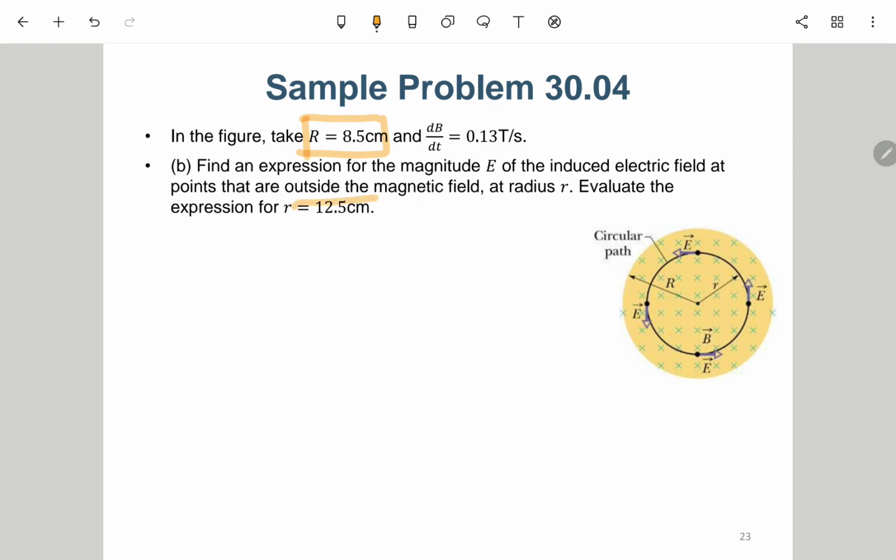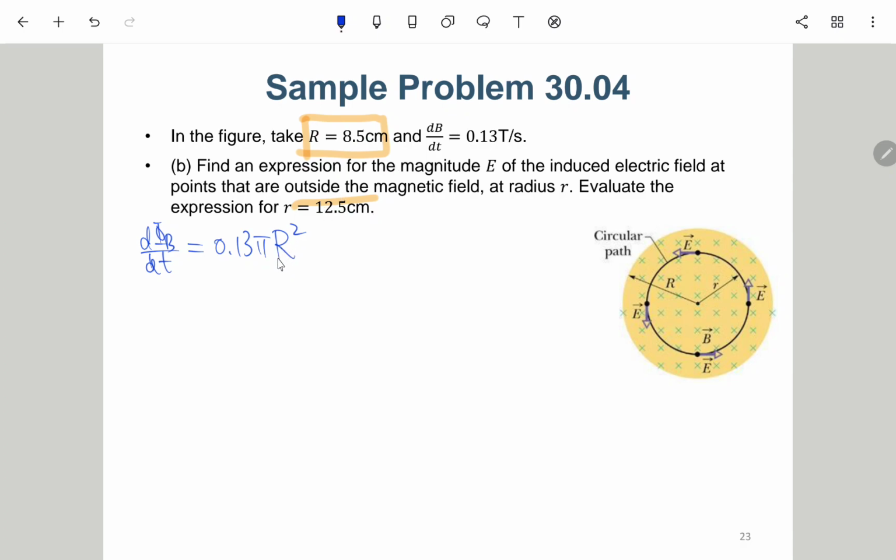So it asks you for r at 12.5 centimeter. Here we just need to modify d phi B dt. The left side should be the same thing. On the right side, it is nothing but 0.13 pi capital R squared.